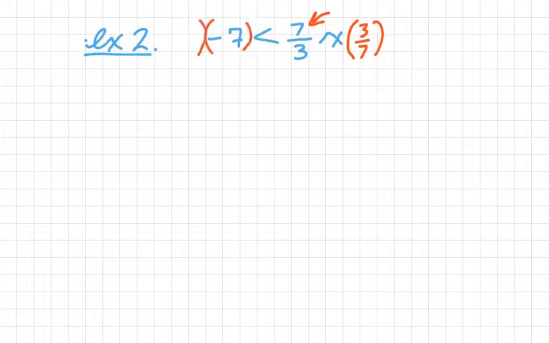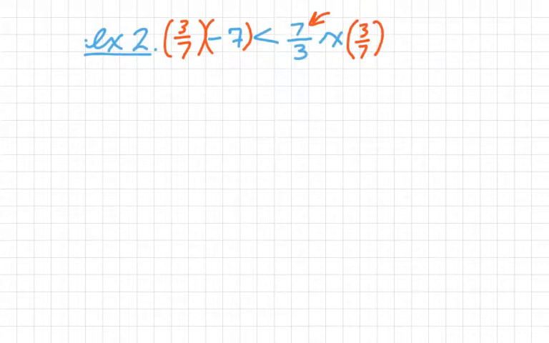If I multiply both sides by 3 over 7, I don't have to flip the inequality. I'm just multiplying by a positive number. It's less than 0, but it's positive. So these reciprocals will cancel each other out, right? If we just multiply them together, 7 times 3 is 21. 3 times 7 is 21.